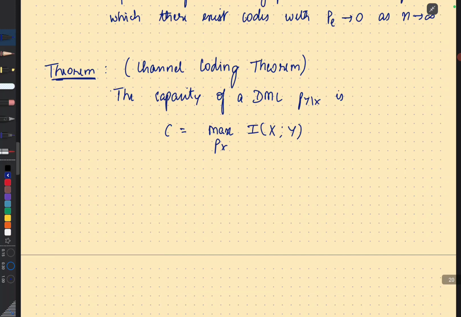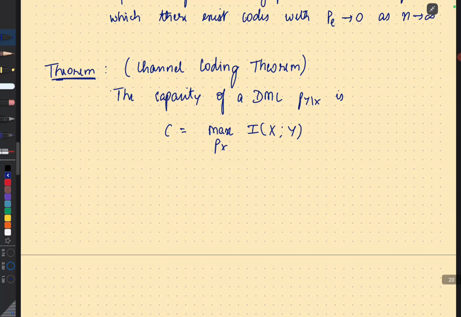So for any discrete memoryless channel, the largest asymptotic rate that we can achieve is equal to the maximum of the mutual information, where this maximum is taken over all possible distributions Px. We'll call Px an input distribution because it's a distribution on the input of the channel.